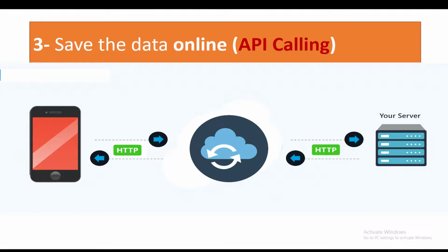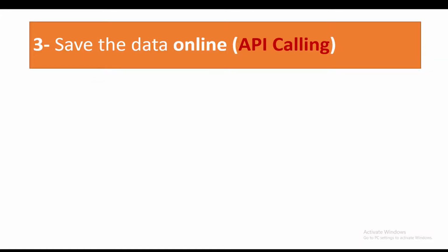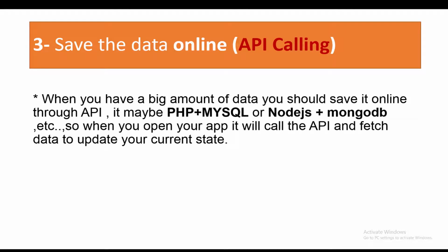The next level is saving the data online, which is also called API calling. We use this level when we want to save a big amount of data, which should be saved online through API calling.